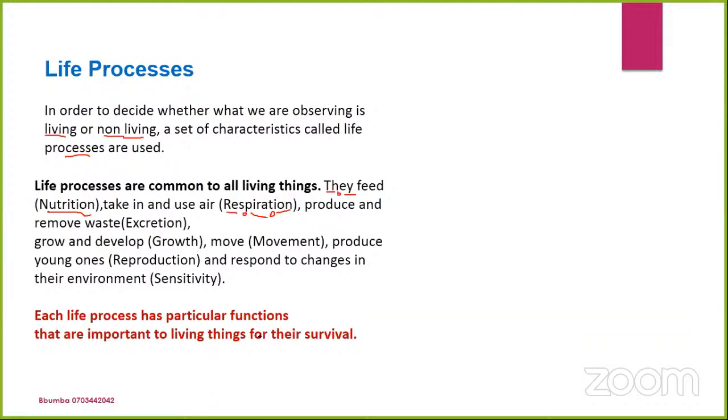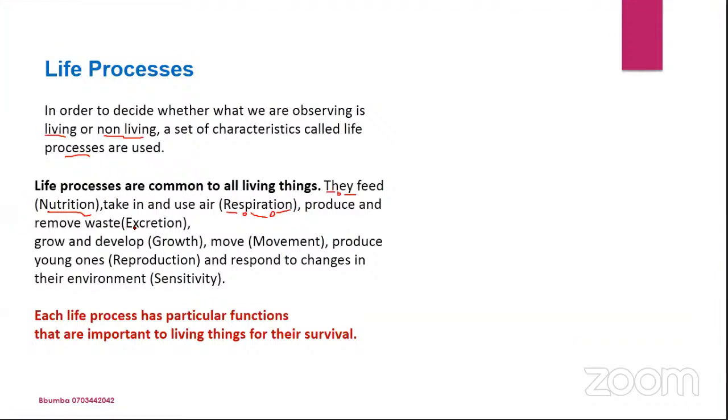And then another life process is to produce and remove wastes. Living organisms must first produce waste inside their bodies, and once it has been formed, it must be removed, because if it is not removed, it can be toxic.